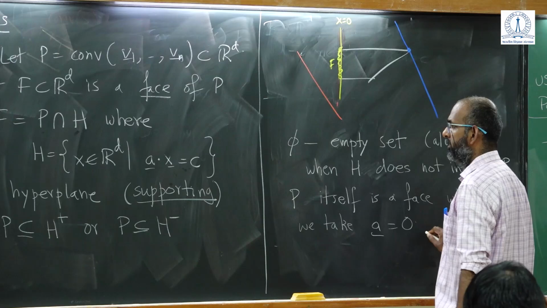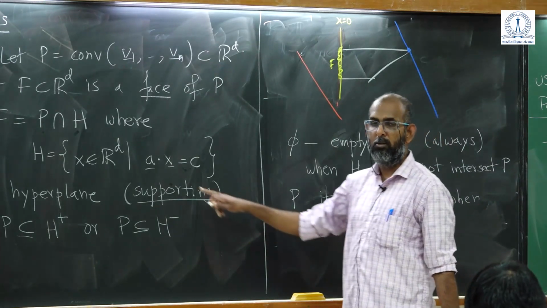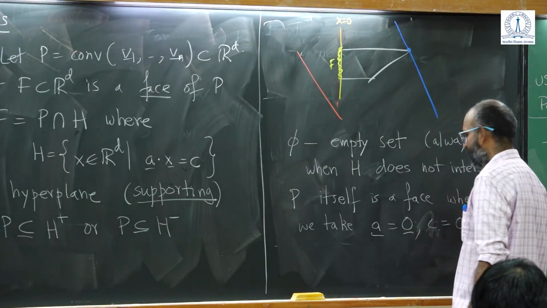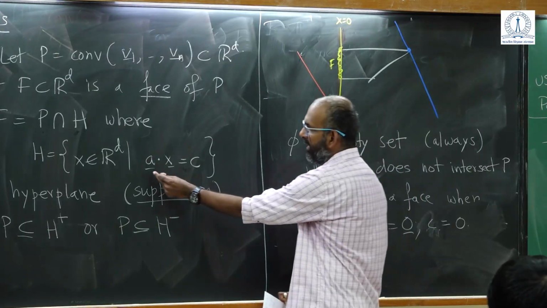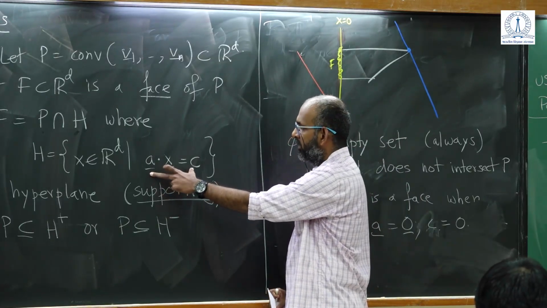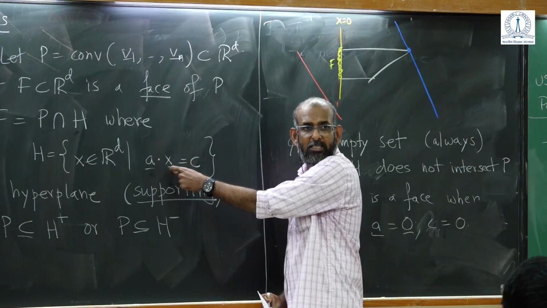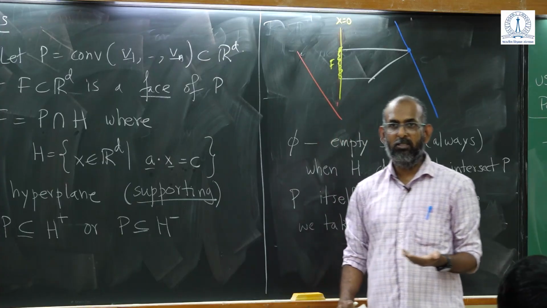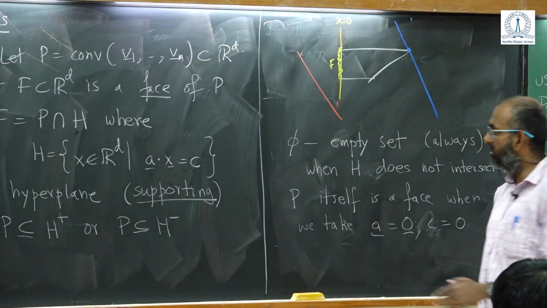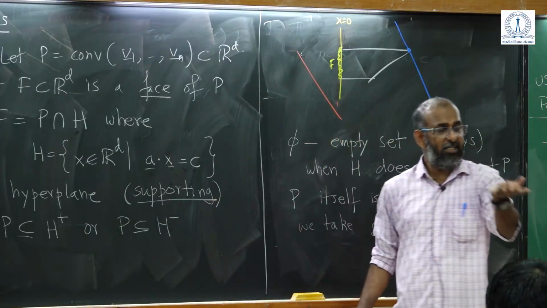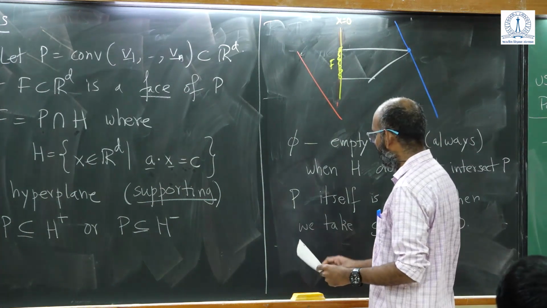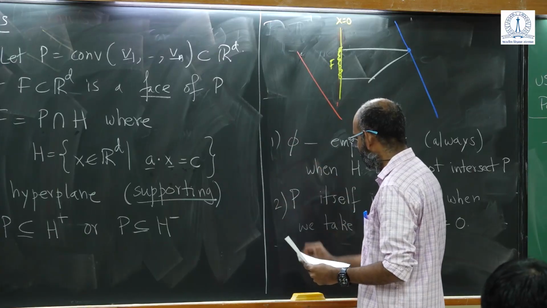A equal to 0, the 0 vector, and c equal to 0. So if I take a equal to 0 and c equal to 0, then every x in R^d satisfies this. Right? 0 times x equal to 0 is satisfied by every x. So that's all of R^d. So P intersect with that is P itself. So P is also a face. Again, it's a kind of degenerate example, but these are two important examples of faces.